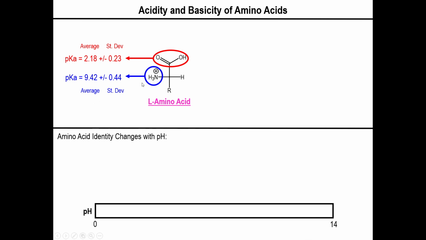Assuming that these are the only two components that have acidic protons, this breaks down into three regions. You have region A, where you're at the lowest pH, and you go up to the pK value. In reality, a little bit higher than that, but you reach the first pK value.